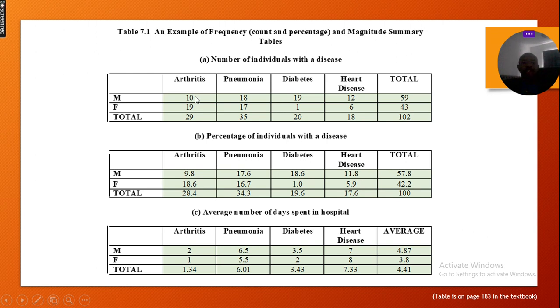How do you do percentage? 10 over 29 times 100, you get this percentage, right? Then we look at this one, average number of days spent in the hospital. So number of days spent in hospital for male, female, and so on. So you can see this is a summary database looking at different concepts.